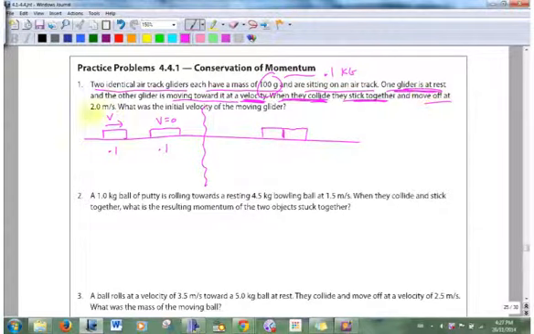They move off at 2 meters a second. I don't know what direction, but it's probably the same direction as this one, but it might not be. Maybe this one has a negative velocity. I'm not sure. If I take this one as negative and that as positive, does that make any sense? No, it doesn't. So it's got to be going this way.